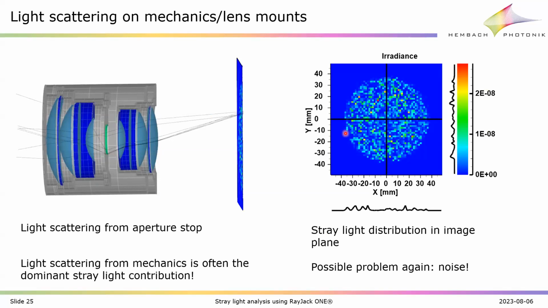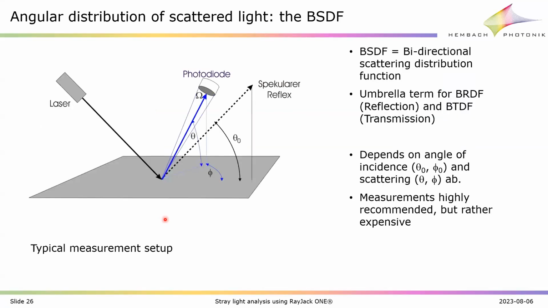So here you should take more rays, and typically you need to do importance sampling, as I have explained before. When light scattering from mechanics takes place, it is often the dominant Straylight contribution, so you really should keep an eye on it. So scattering from surfaces is characterized by the BSDF.